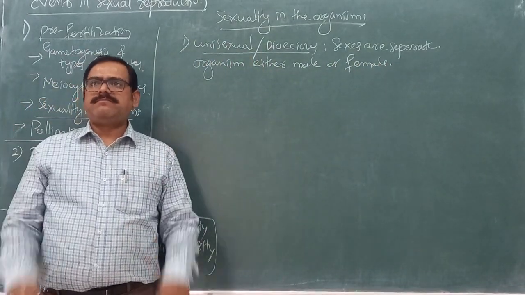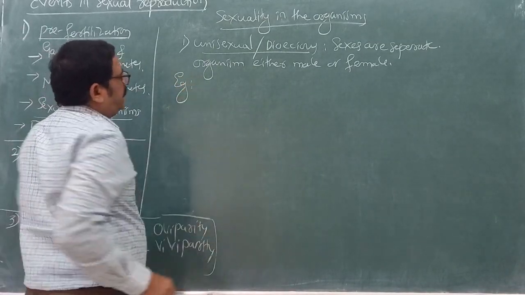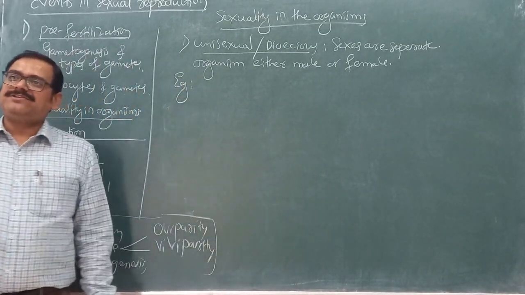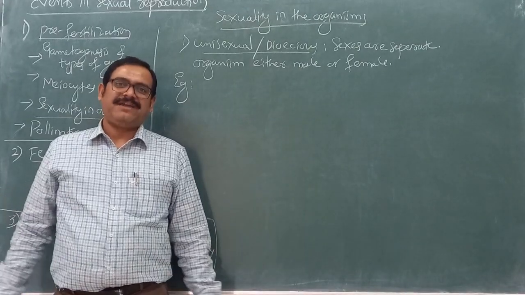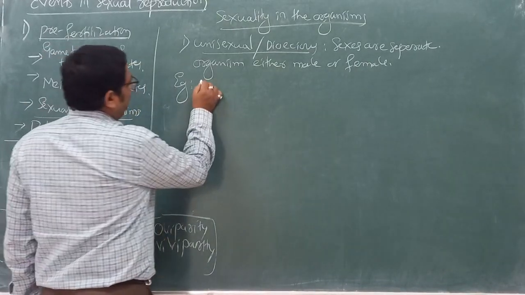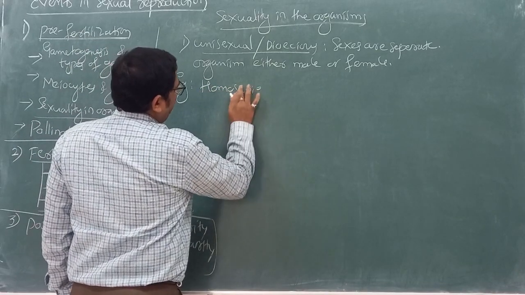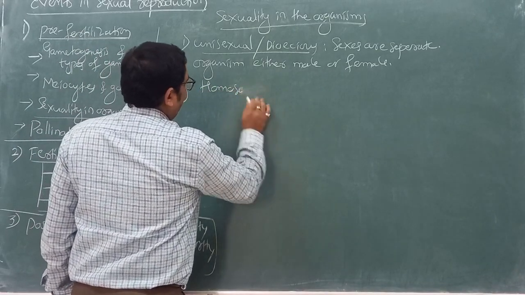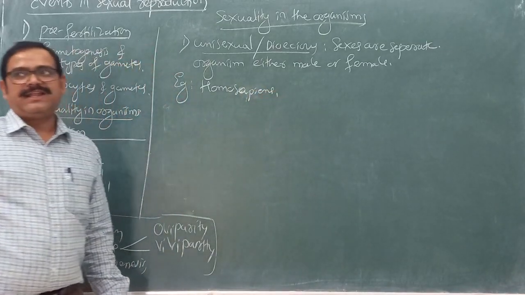A number of examples we can consider. Are we human bisexual or unisexual? We are unisexual. So Homo sapiens are unisexual.